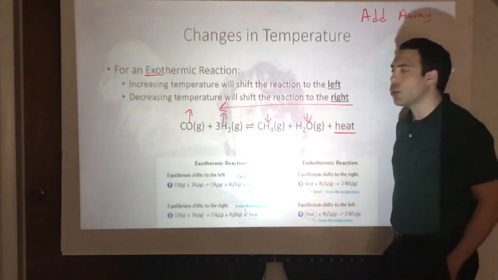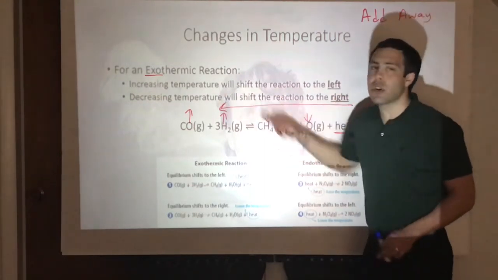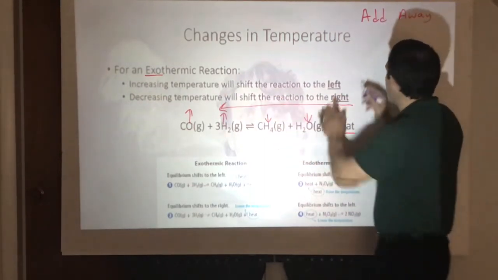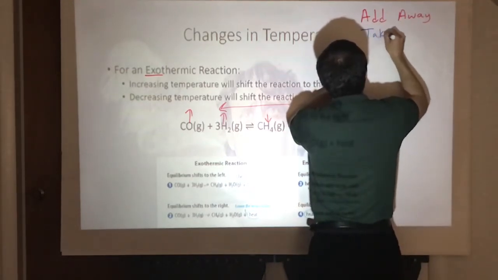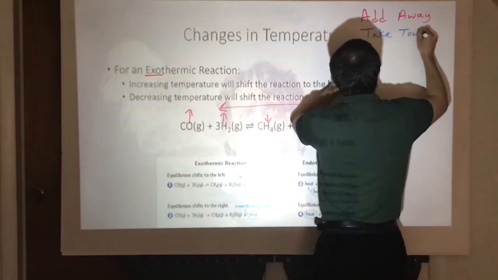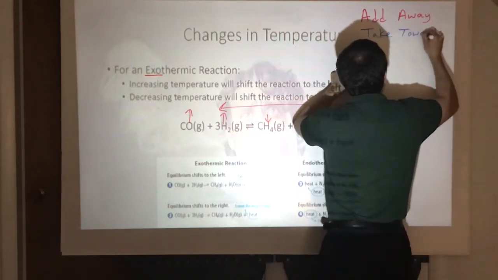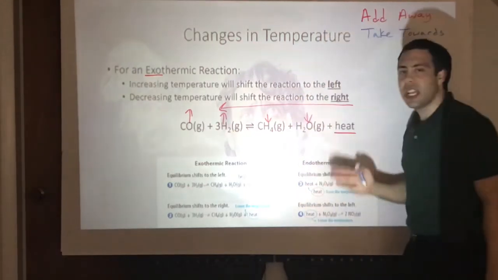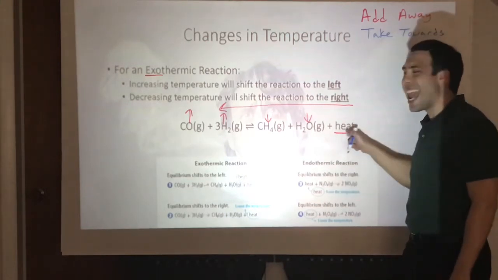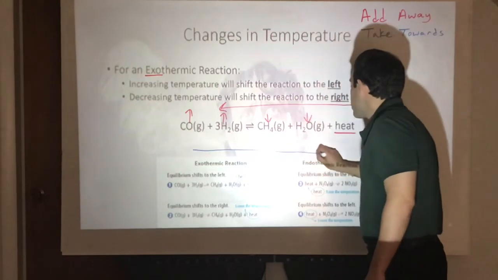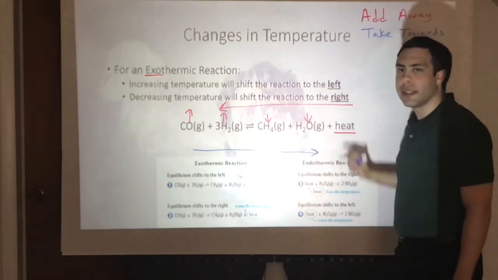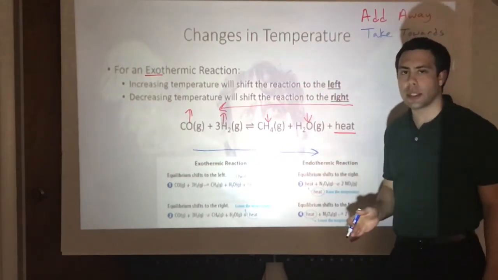The opposite is true if we were to decrease the temperature. Remember, take towards. If we are decreasing temperature, we are taking away heat. So the reaction would shift to the right towards the heat being lost.